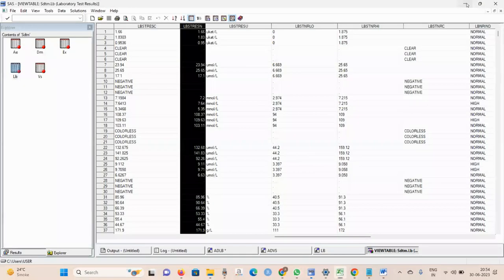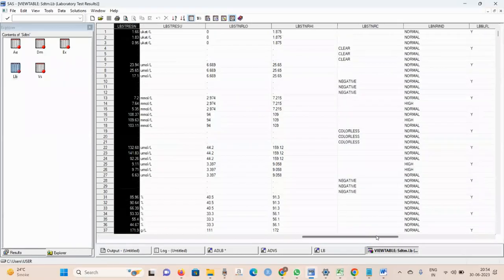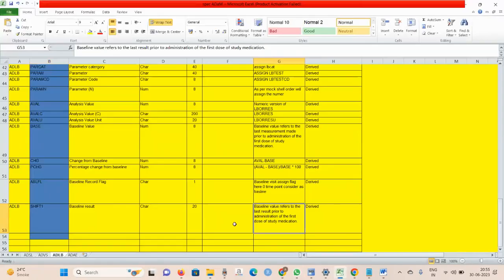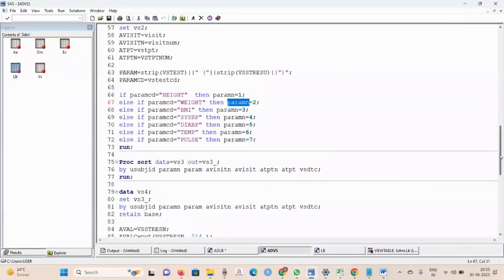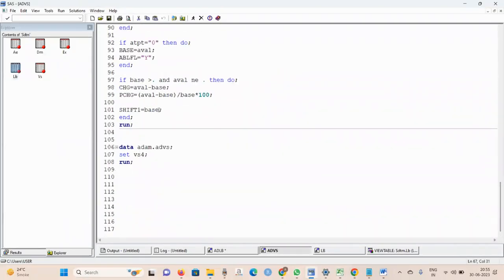Based on these derivations, why is laboratory mentioned here? Because it actually comes from the baseline value, that is the base it has to become. Because the last time also we kept base. Yes, shift one equal to base.